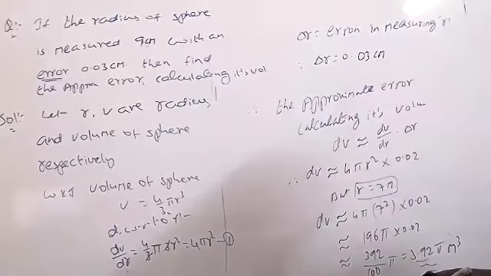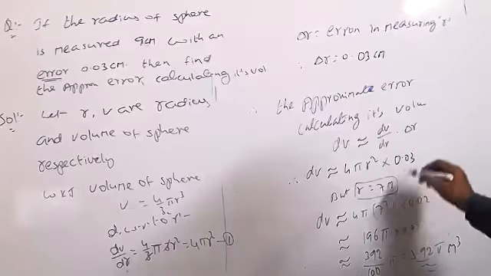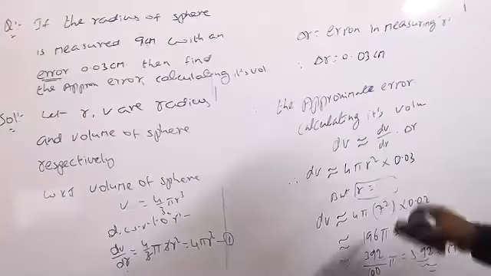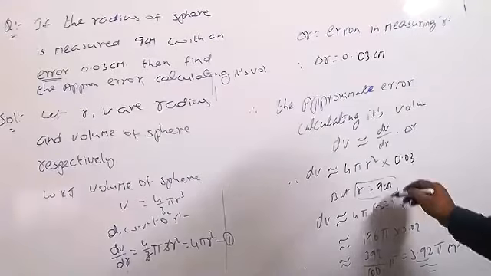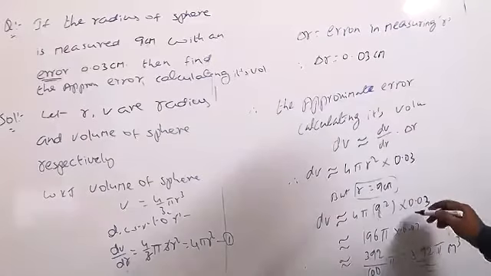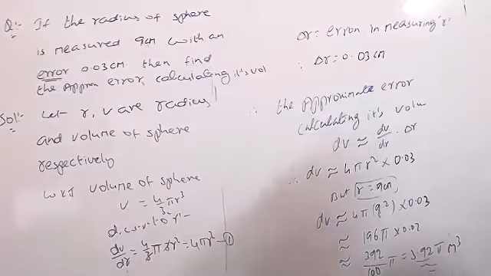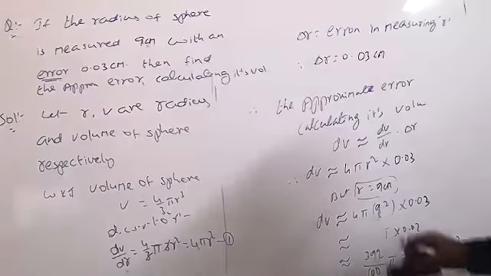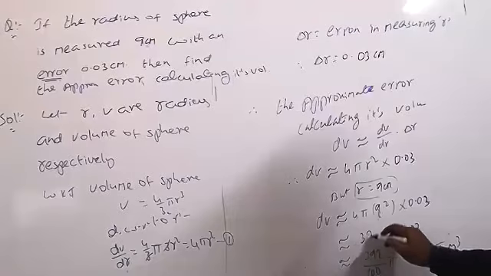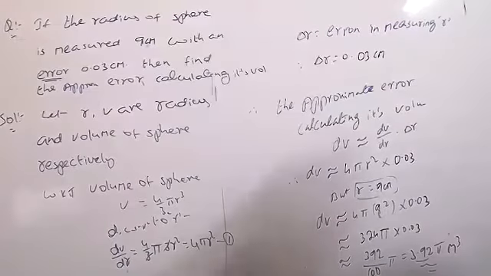Delta r will be 0.03 centimeters, and radius equals 9 centimeters is given. So here you can write 9 centimeters, 0.03. 9 square means 81, 4 81s are 324. This is 324 pi into 0.03.